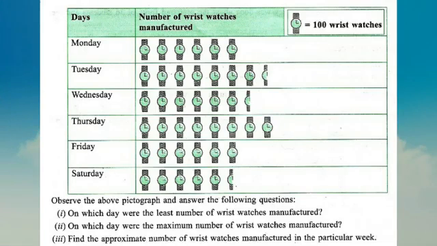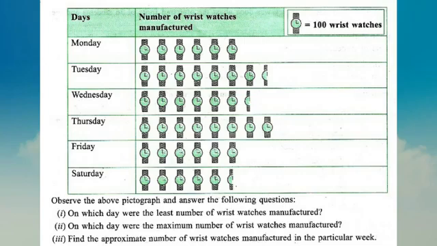Consider another example. Following is the pictograph of the number of wristwatches manufactured by a factory in a particular week. Observe the pictograph and answer the following questions. On which day were the least number of wristwatches manufactured?